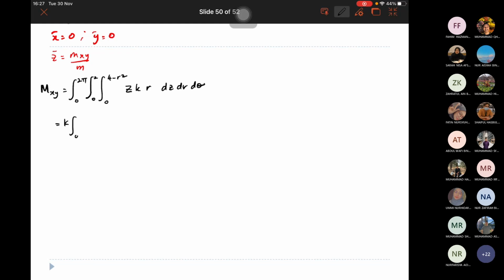So sama dengan K saya keluarkan because it's a constant, 0 sampai 2. Dia akan jadi z kuasa 2 per 2 r, 0 sampai 4 tolak r squared, dr d theta. So sama dengan K per 2, 0 sampai 2 pi, 0 sampai 2, r darab 4 tolak r kuasa 2, dr d theta.